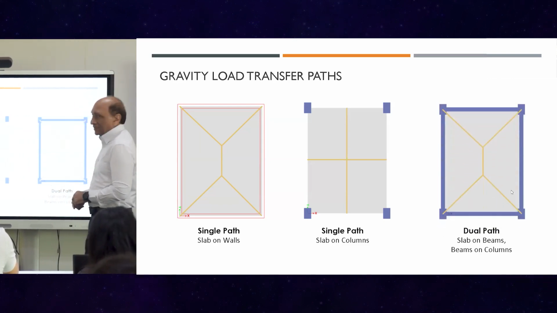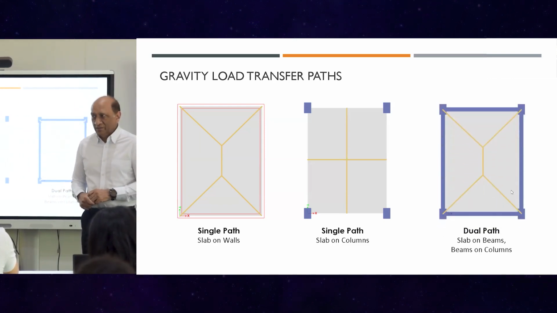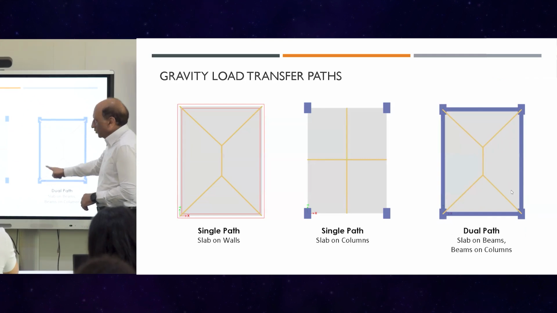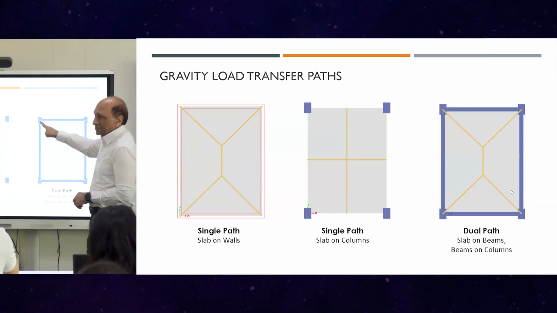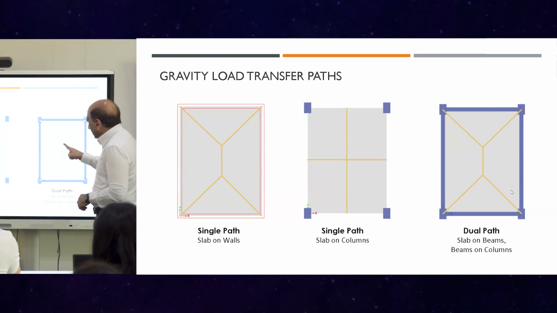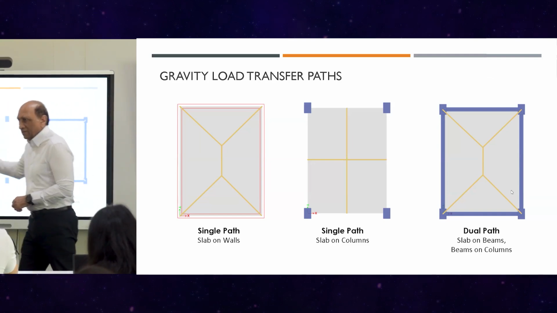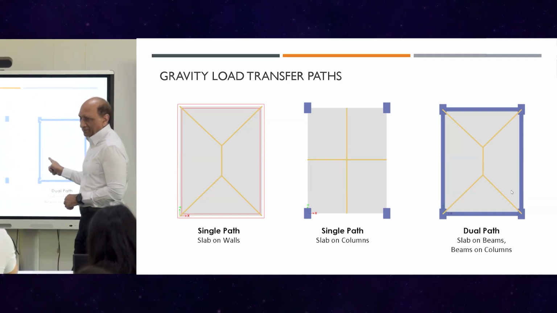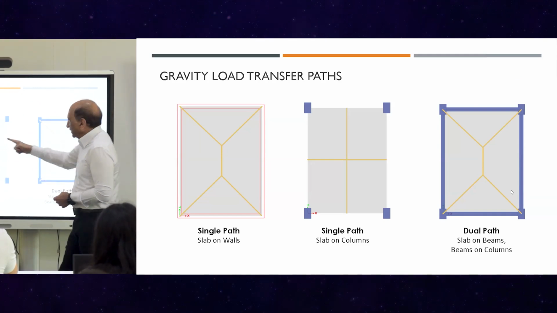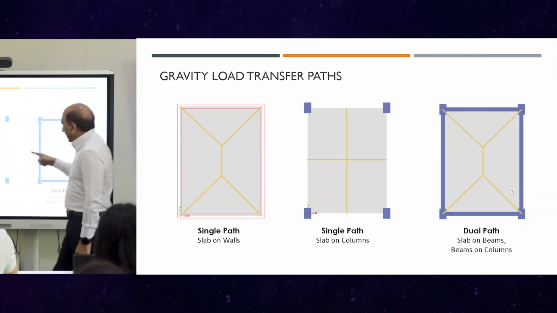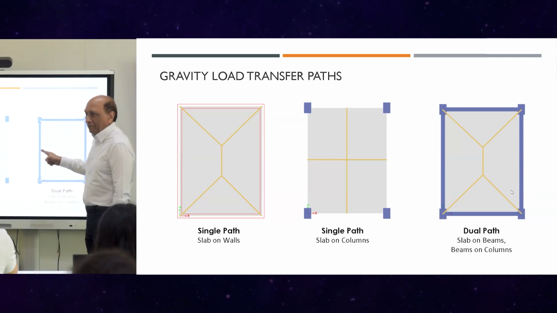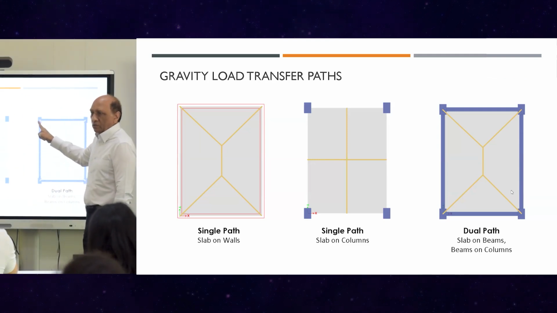Now we have an interesting combination. We have beams here, not walls, and we have columns which are supporting the beams. Now we don't know whether this or this will work. The assumption has been that that will work. So people say this load will transfer to the beam, and then the beam will transfer it to the column.